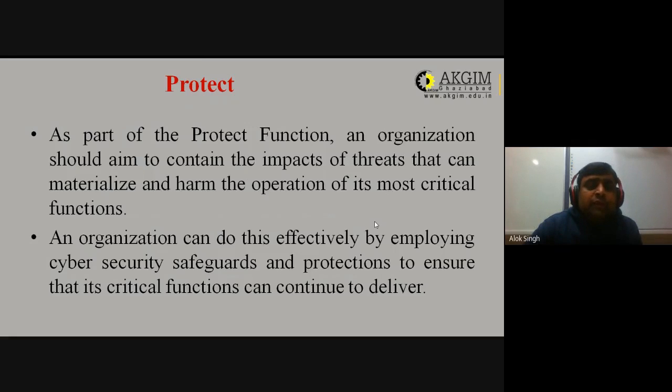Means you should adopt this protect function, and it should aim to contain the impacts of threats. Means what would be the implication of those security threats that can materialize and harm the operation, up to what level or context. Okay, so its most critical functions you should identify and put a protection mechanism over there.